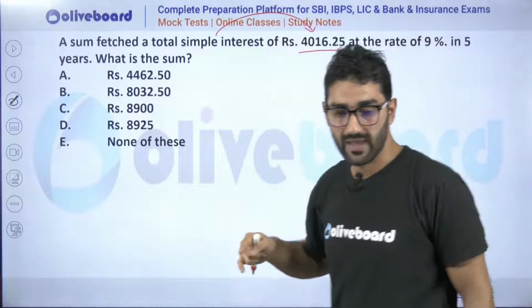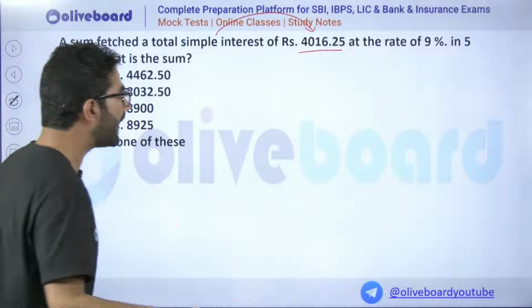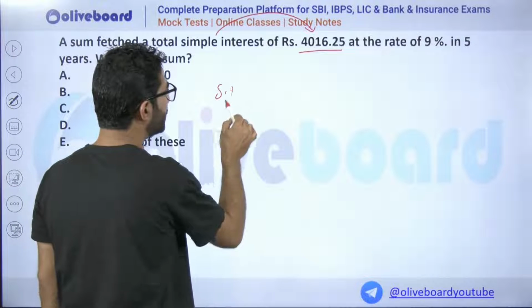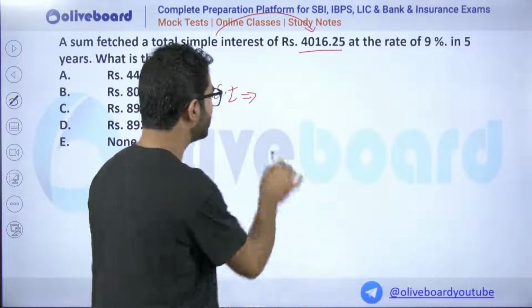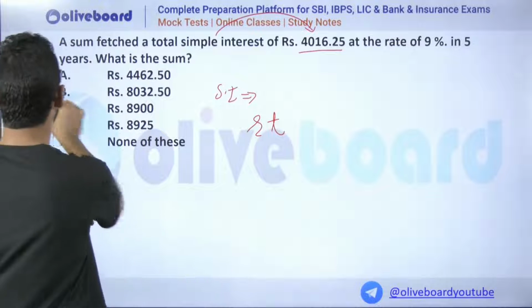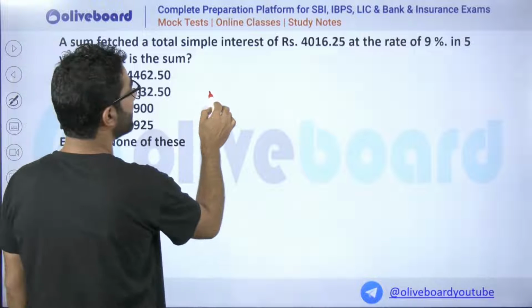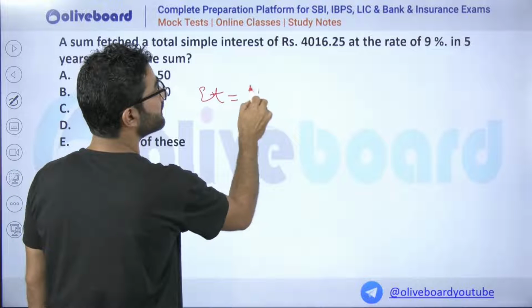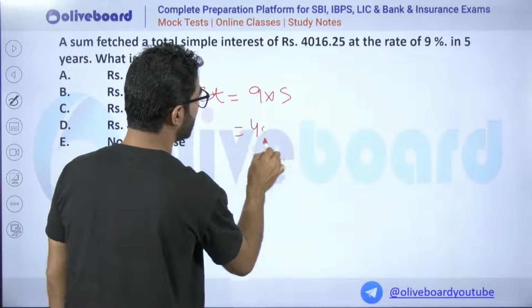I told you there is a best approach for this type of question, the RT approach. In case of a percentage, we can go for the R multiplied by T approach. R is 9 and T is 5, so we get 45 percent.